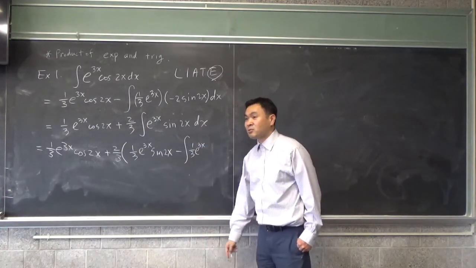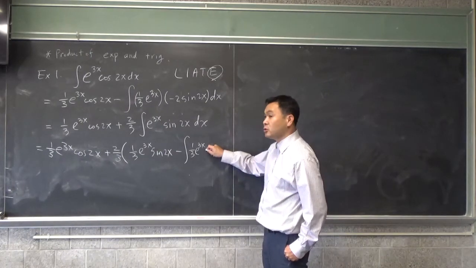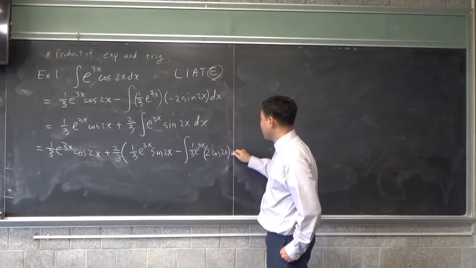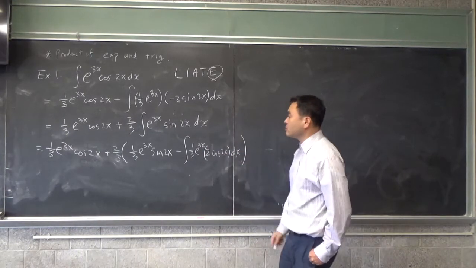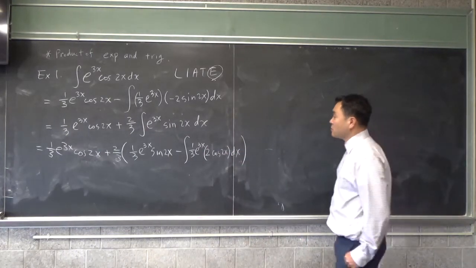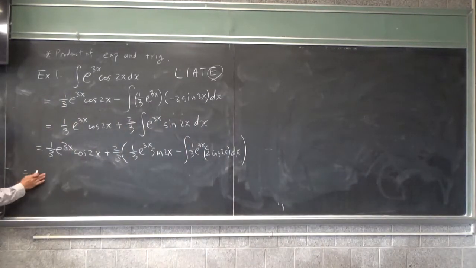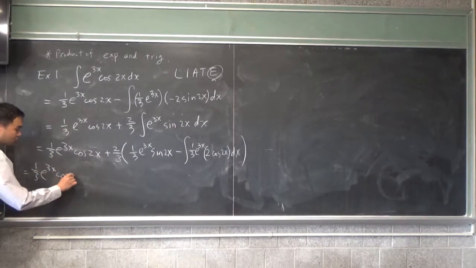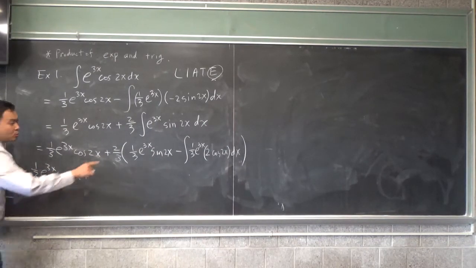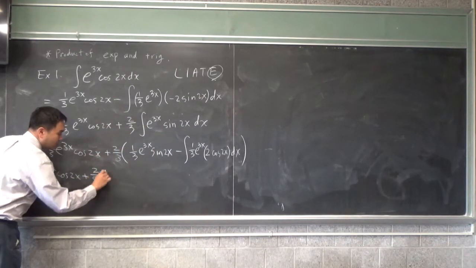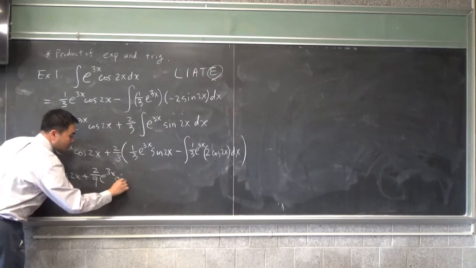What's the derivative of sine 2x? 2 cosine 2x dx. Okay. Let's simplify again. So this is going to be 1/3 e to the 3x cosine 2x. 1/3 times 2/3 is 2/9 e to the 3x sine 2x.